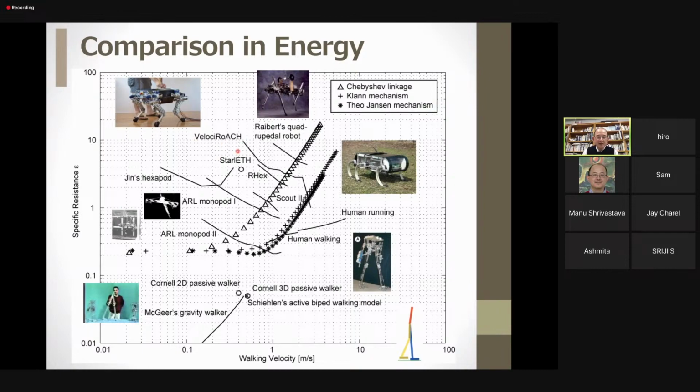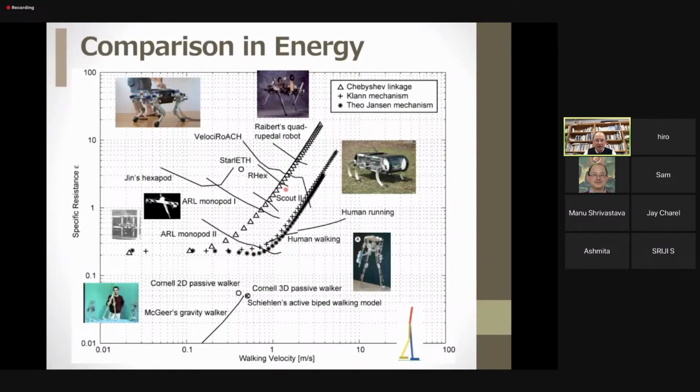And then these mechanisms have some tendency in the specific resistance, in the energy consumption and different types of points. We realized, okay, some passive walkers have very little energy. Theo Jansen finally saves its own energy, even in comparison with other mechanisms.